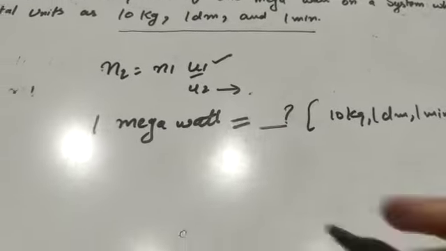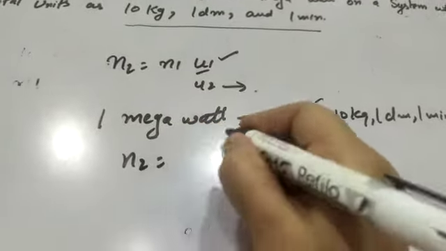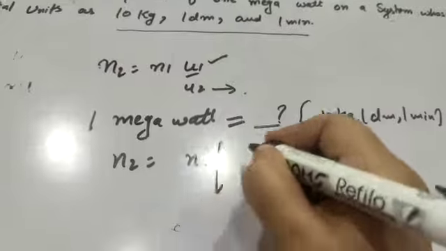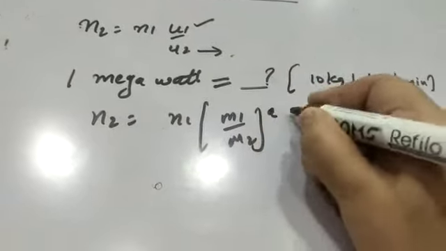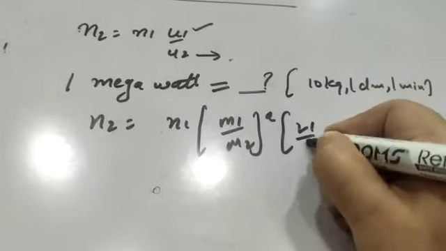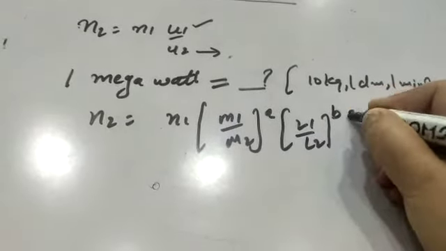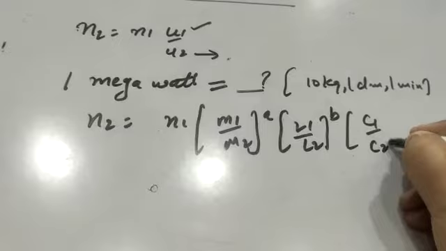The formula will be the same. N2 is equal to N1, M1 upon M2 raised to power A, L1 upon L2 raised to power B, and T1 upon T2 raised to power C.